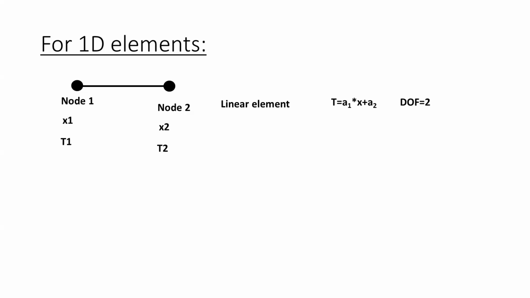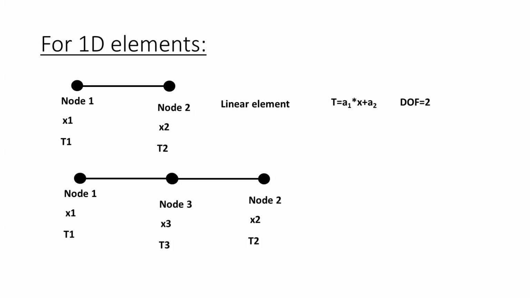The degree of freedom is 2 because there are only 2 nodes in this element. And in the linear polynomial written on the display, t is equal to a1x plus a2, the values of a1 and a2 are unknown. In fact, the number of unknowns also happens to be equal to the degree of freedom, that is, the number of unknowns which are supposed to be determined.